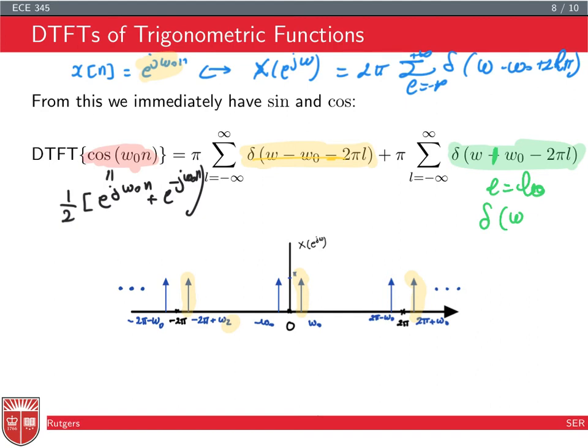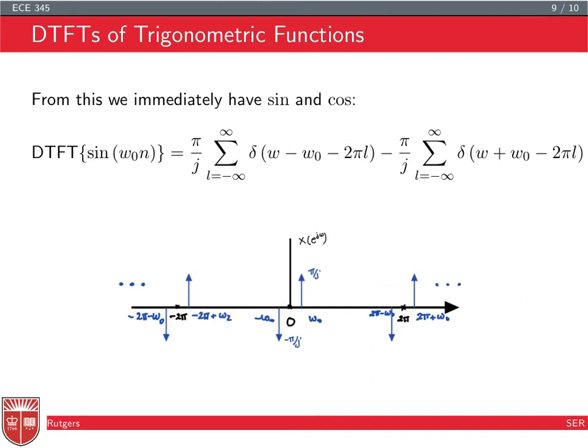So this is going to be delta omega plus omega 0. This means you have an impulse at omega equal to negative omega 0, and this will give you these impulses here. And you can see the main message of this lecture: the DTFT of a periodic signal is a train of impulses.